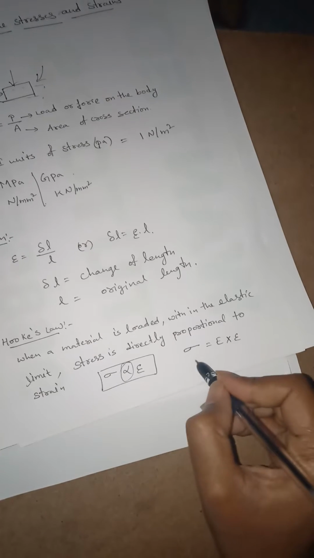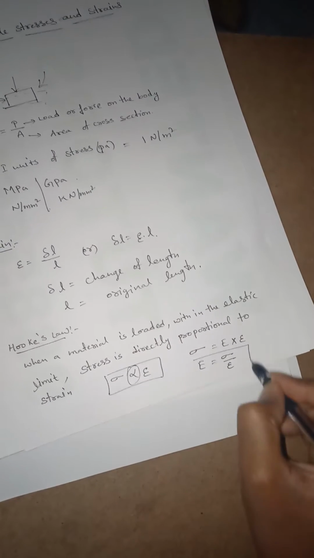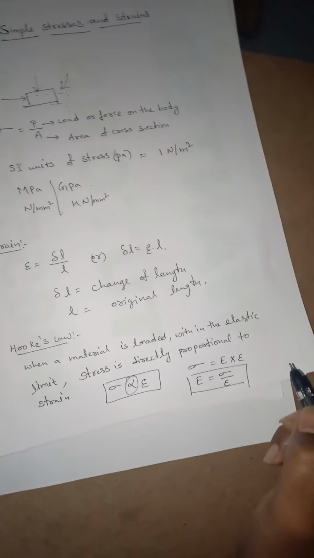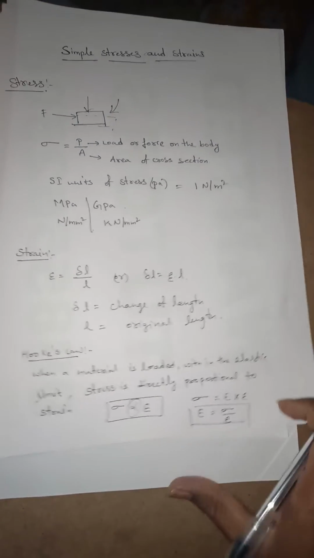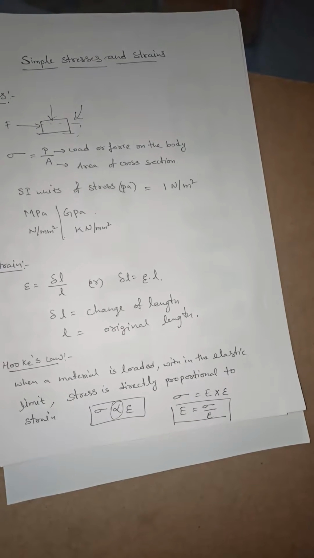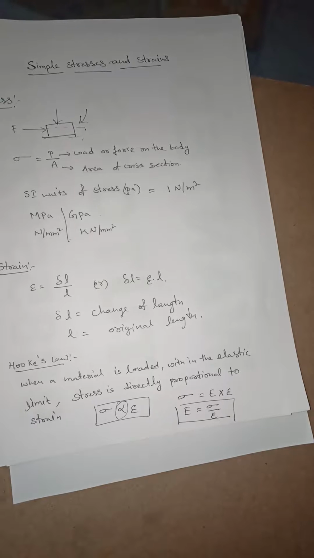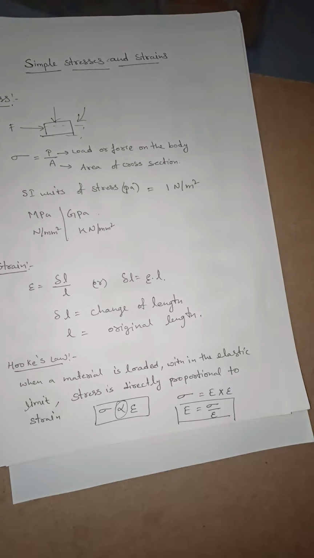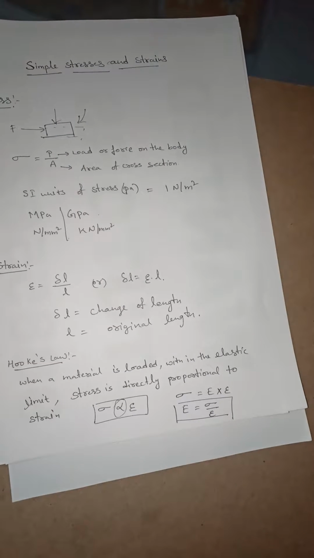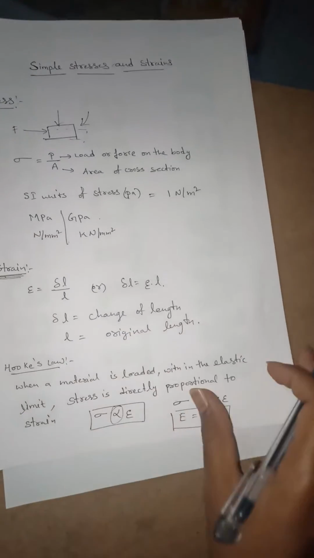That E, which is stress by strain, is Young's modulus, the constant of proportionality known as modulus of elasticity or Young's modulus. The units are the same as stress, because we don't have any units for the strain.